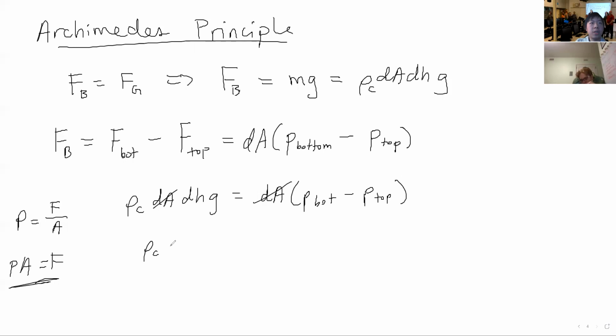And then we get rho C times g times dH is equal to the difference in pressure.